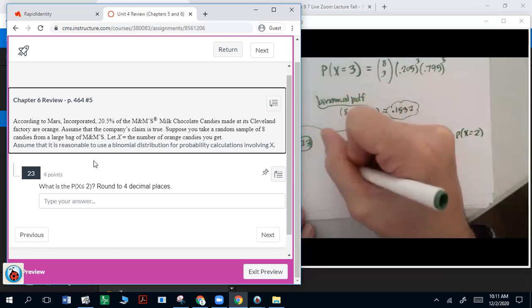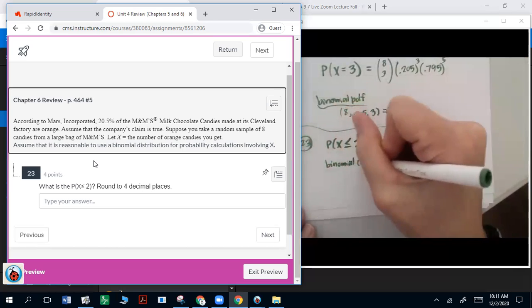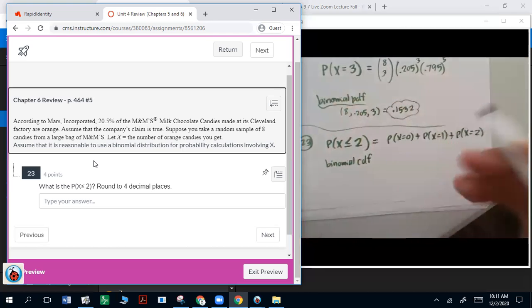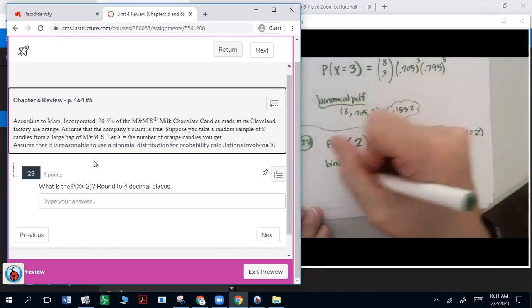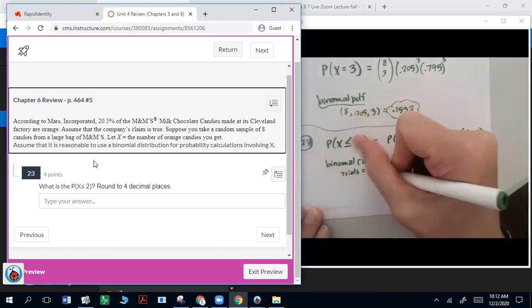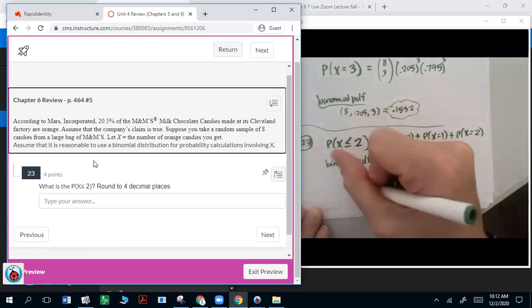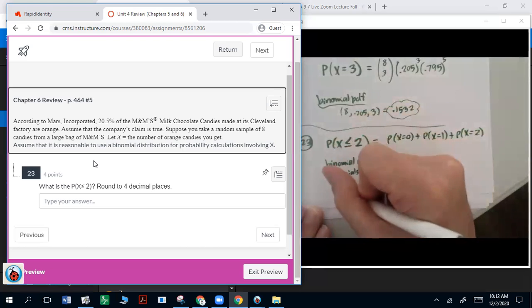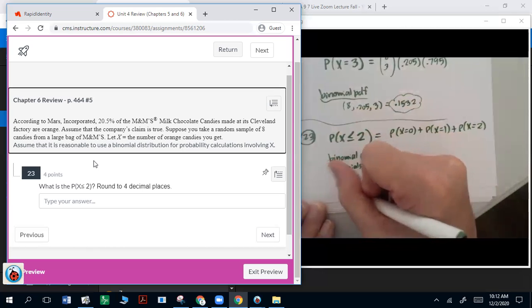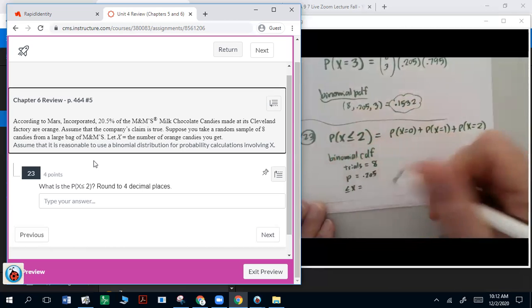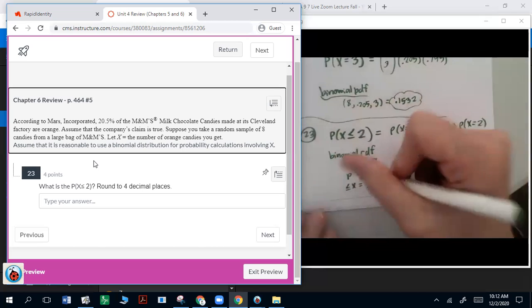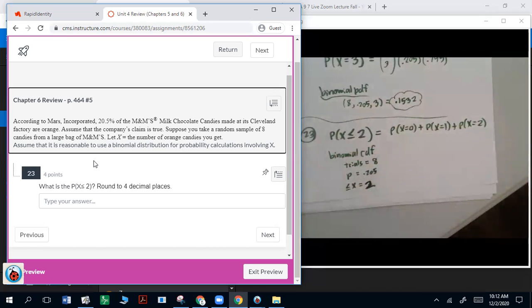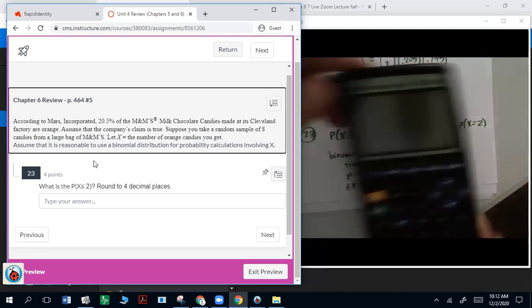So binomial CDF, cumulative distribution function, everything at that number or below. And then your number of trials is 8. Your probability of success is 0.205, and your x value, so less than or equal to x, is 2. So we're going to input those values for the CDF. Let me do it on the TI-83.